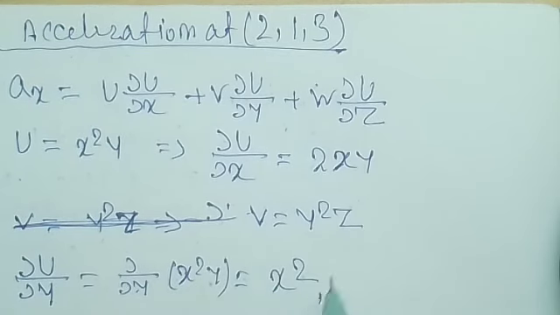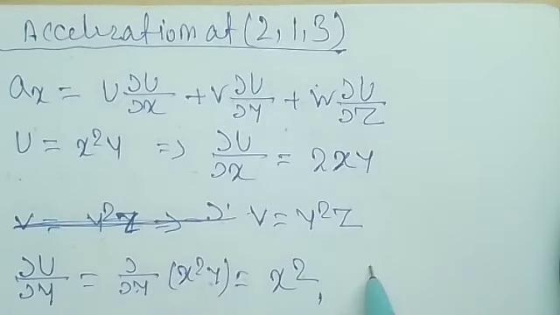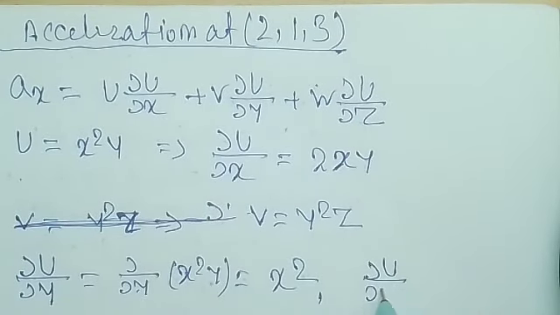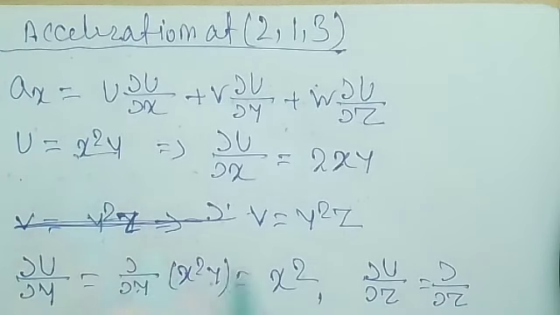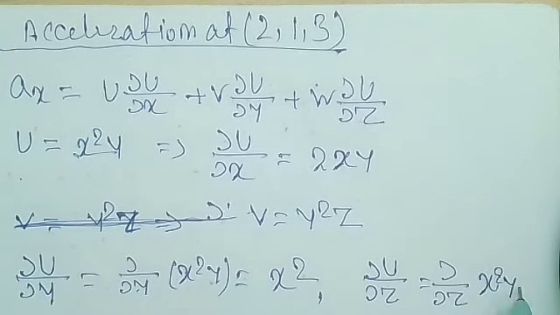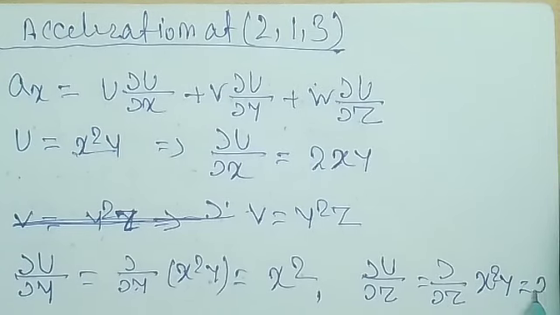Again you need to find ∂u/∂z, which is ∂/∂z of x²y. Since we don't have z in x²y, it will be 0.